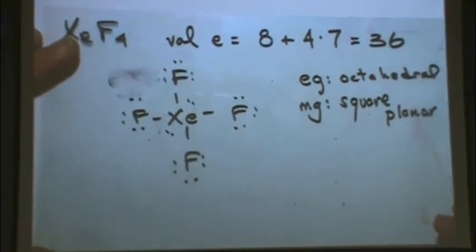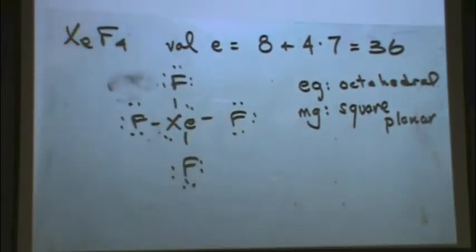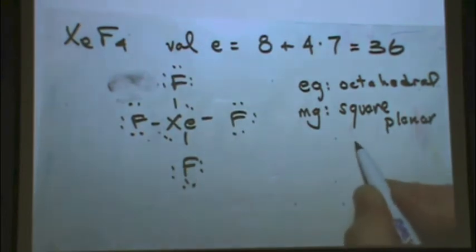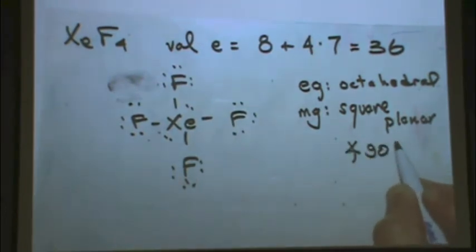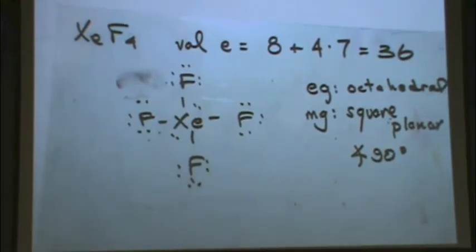It would be bent if there were only 2 atoms surrounding the center atom. Since it's a square, the bond angle has to be 90. I've already drawn it square planar, just by chance.